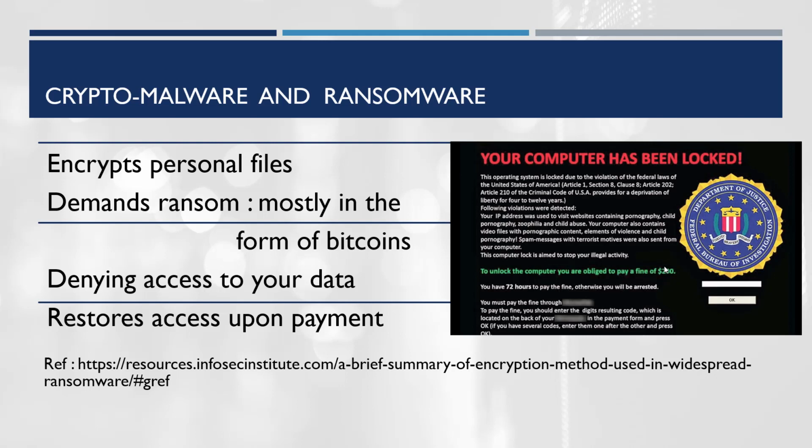Ransomware is a malicious software that, once it takes hold of your computer, threatens you with harm and denies access to your computer. The attacker then demands a ransom from the victim and promises to restore access to the data upon payment.